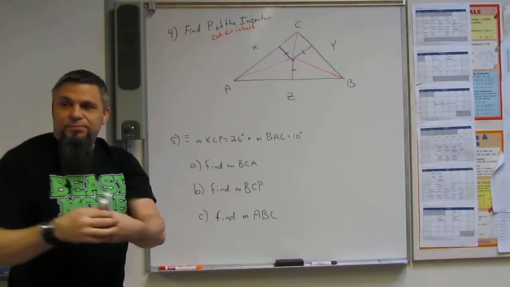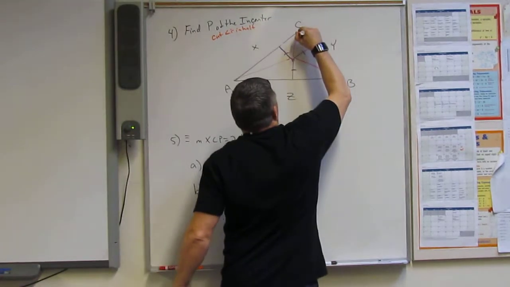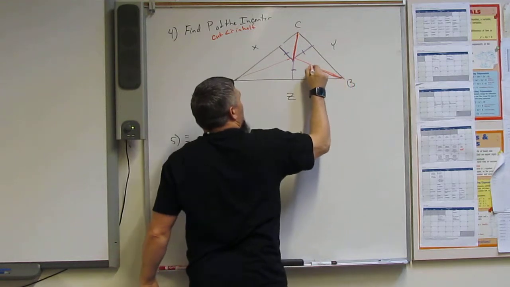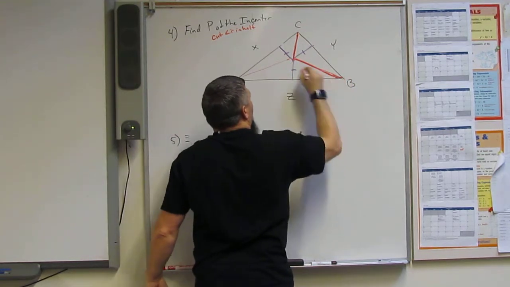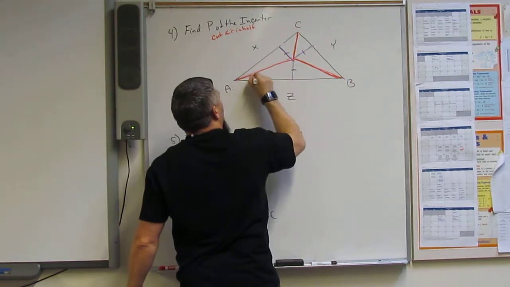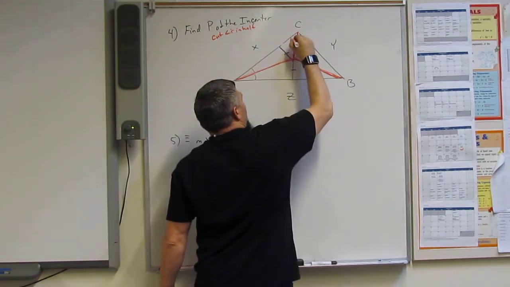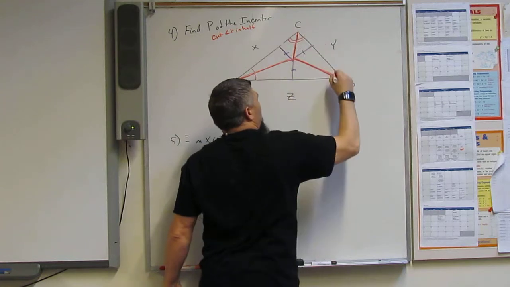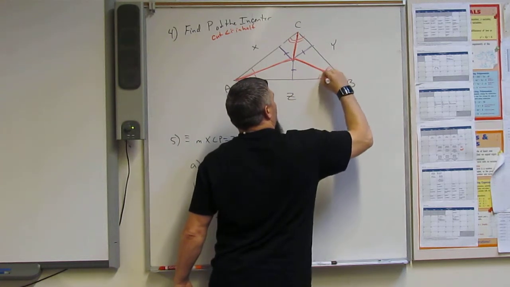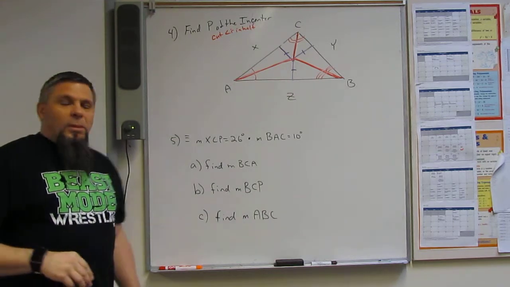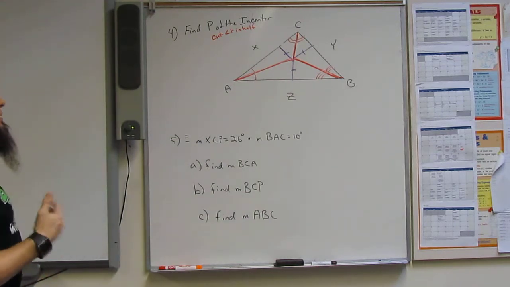Does that make sense? If we cut these in half just right, then these angles are going to be the same. And that's how you find the P.